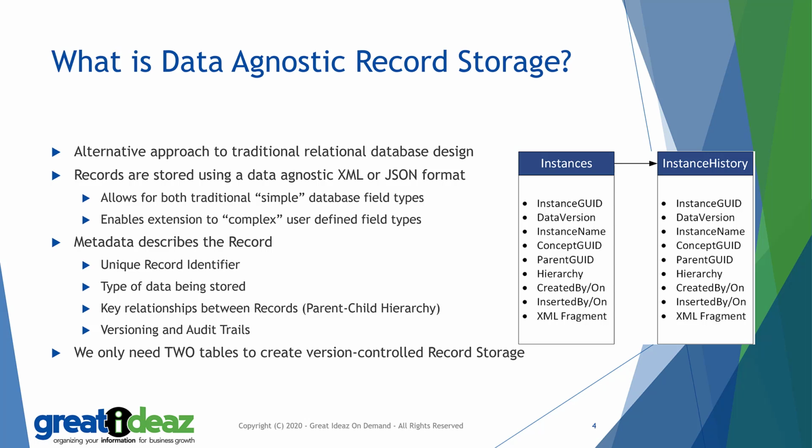So a vehicle table would also have a vehicle history table. A driver table would also have a driver history table. By moving to data agnostic record storage, we can version control all of our records with just 2 tables.